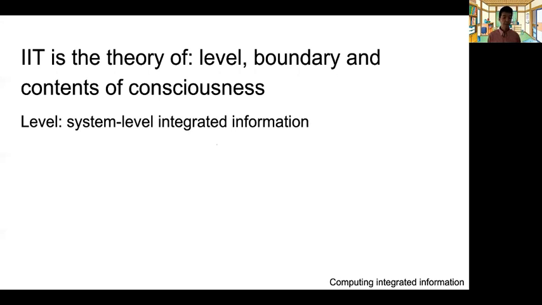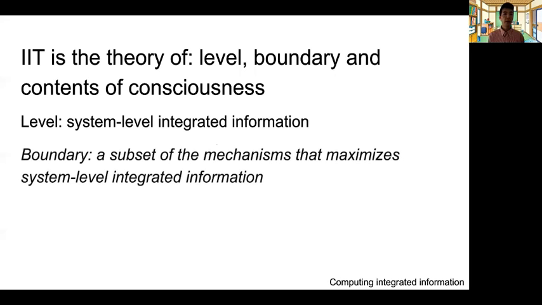That's approximated by the PCI, but the real integrated information is not really that kind of number, and I'm going to try to explain this this week. Then in terms of the boundary of consciousness, I'll come back to this throughout this week, but it is a subset of the mechanisms that maximizes system-level integrated information.